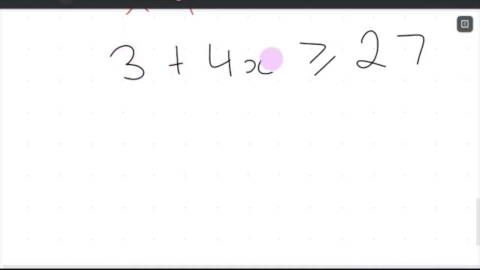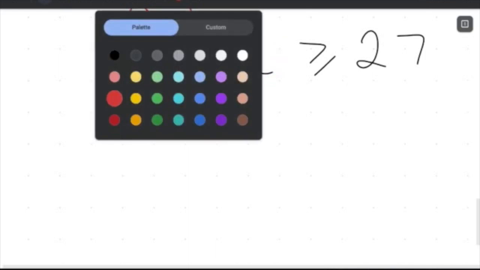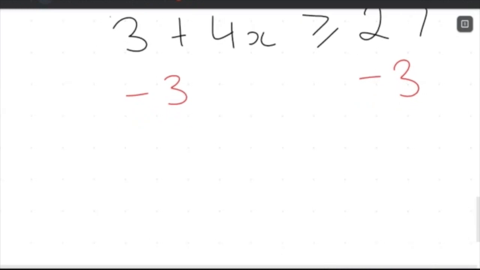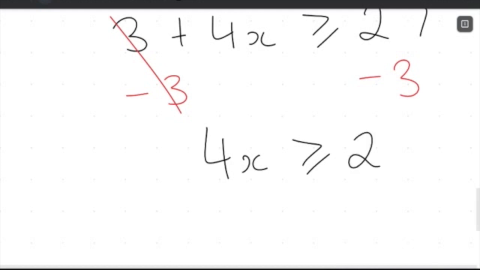So I can find what 4x was before I added the 3 by doing the opposite operation, by subtracting 3 from both sides. That gets rid of this here, and that leaves me with 4x, greater than or equal to 27 take away 3, and that's going to be 24.